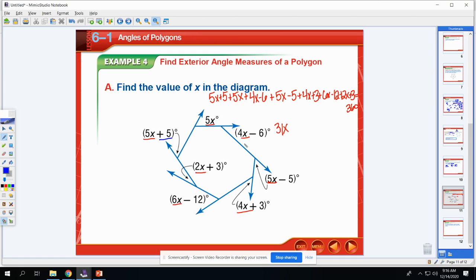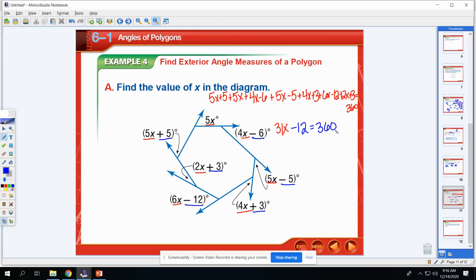Now let's do our non-x's. So this is a positive 5 plus a positive 3, which is 8, minus 12, which is negative 4, plus 3 is negative 1, minus 5 is negative 6, and minus 6 is negative 12. So 31x minus 12 equals 360.